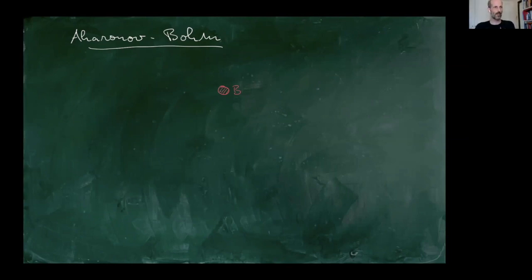So in the red region B is non-zero, and it points in the direction normal to the board, and outside of the red patch B is 0.